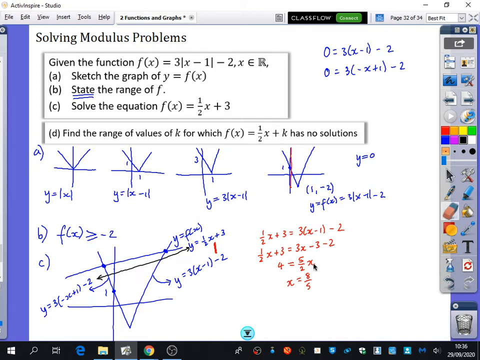So that's why no one's told me I've done it wrong. Thank you, Shahan. So it should have been what? 3 plus 3 is 6, plus 2 is 8. So it should have been 8 equals 3 minus a half, which is 5 over 2x. So it should be 16 over 5. Yeah? So x is 16 over 5. Thank you, Shahan. So this is telling me that this x coordinate here is 16 over 5.